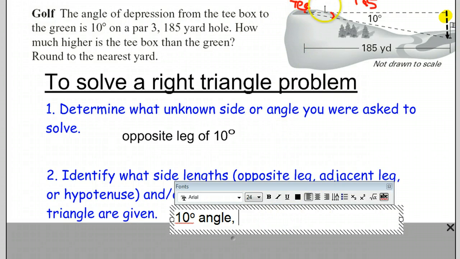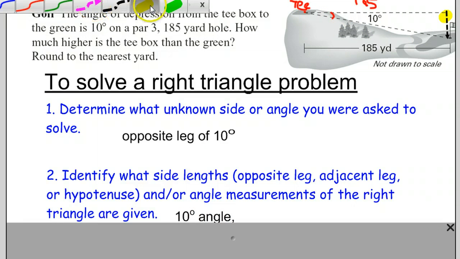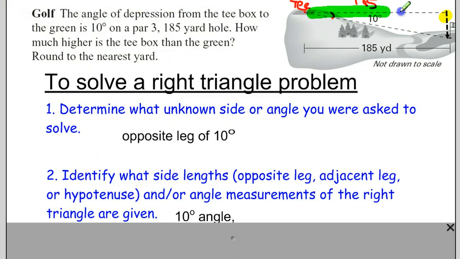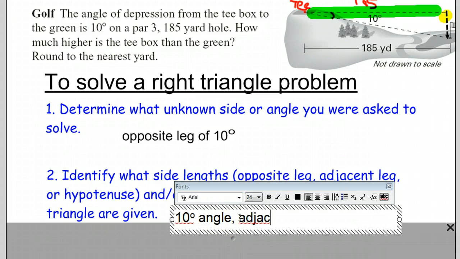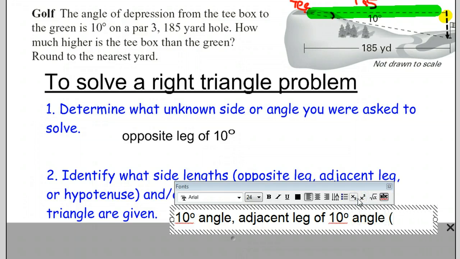Well, the hypotenuse is unknown, but we are given the adjacent leg to this angle. Here is the adjacent leg, and they tell us it's 185 yards.